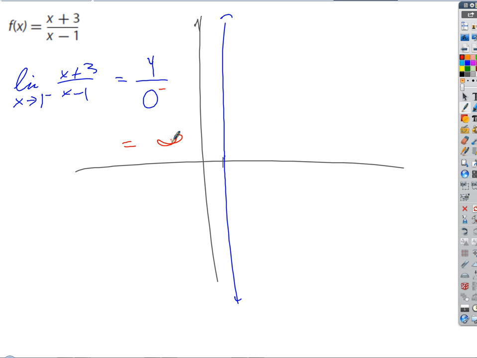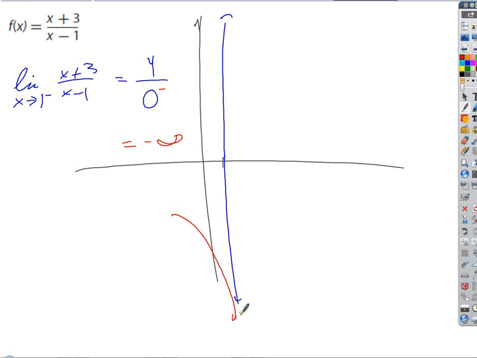Well, we'll just follow our sign rule. I've got a positive numerator divided by a negative denominator, so what's that give us? Negative. That tells us that as we're approaching 1 from the left, from the negative direction, our function is going to sweep down to negative infinity, right?